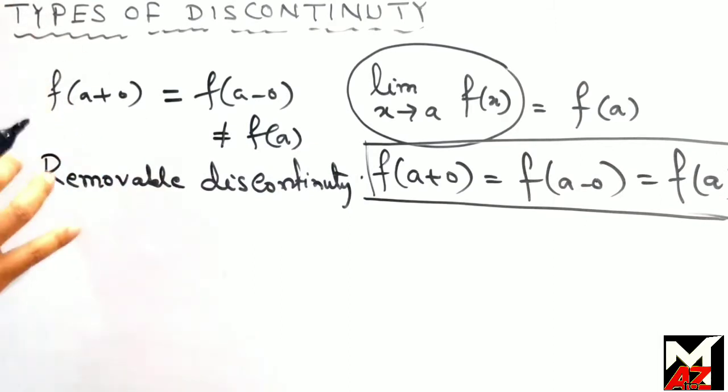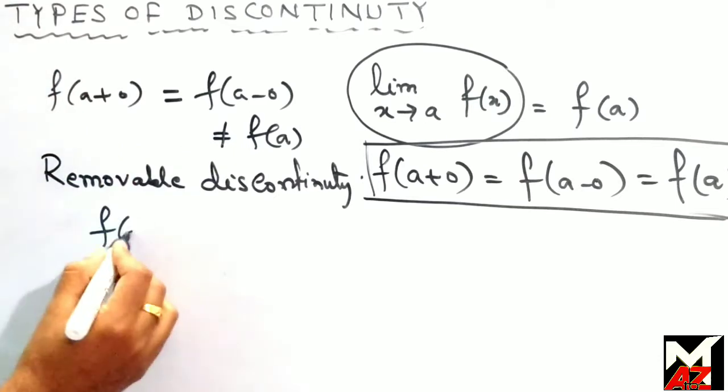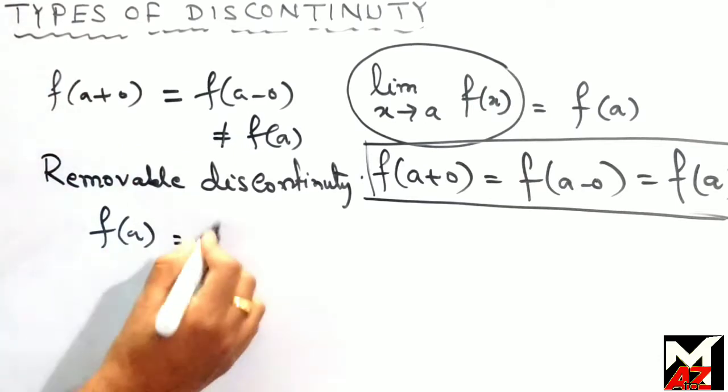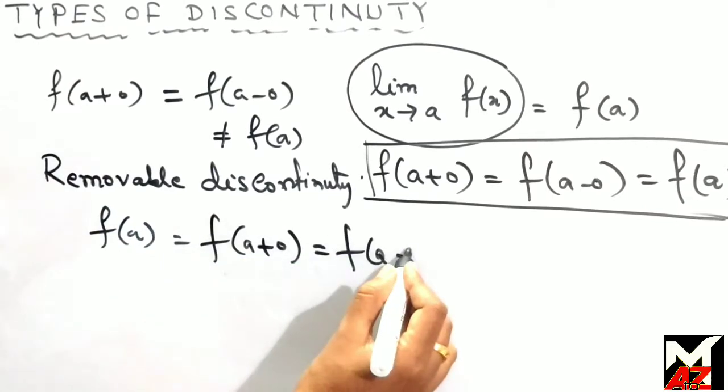This type of discontinuity can be removed by assuming f(a) is equal to f(a+0) is equal to f(a-0).